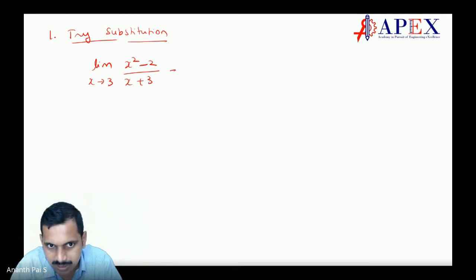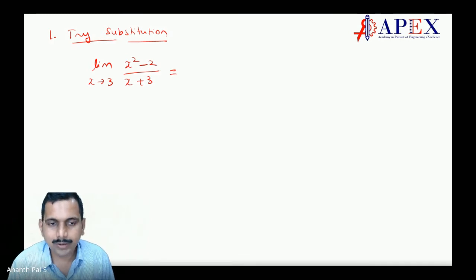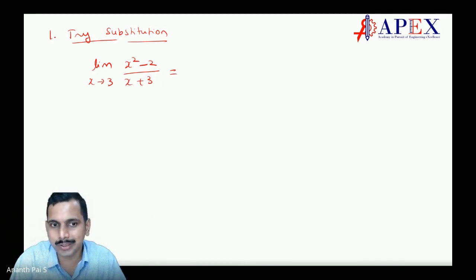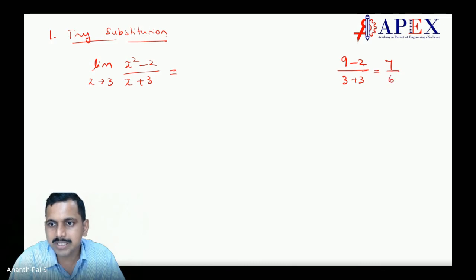What is the answer for this? Try substitution. You may ask, sir, it is defined. If you substitute here, you will get 9 minus 2 divided by 3 plus 3, correct? 9 minus 2 is 7, so 7 by 6.